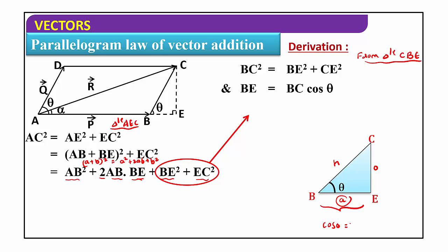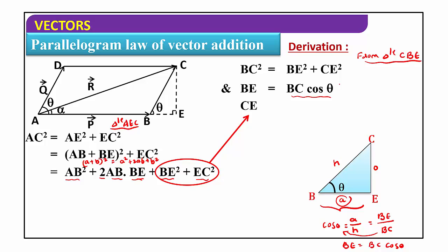Cos theta equals adjacent side divided by hypotenuse. Adjacent side is BE, hypotenuse is BC. Cross multiplying, BE equals BC cos theta. In place of BE, we can write BC cos theta.